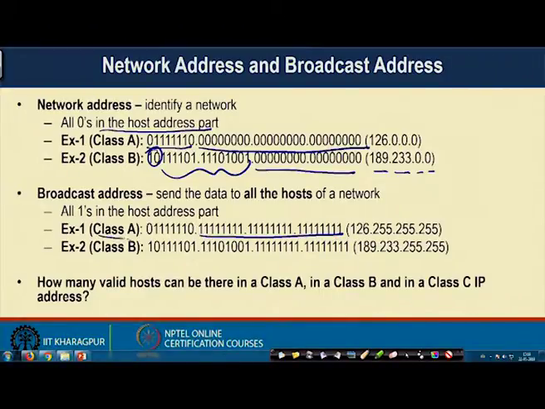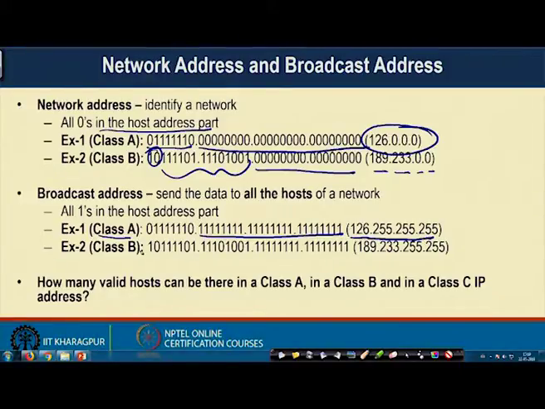In case of a class A broadcast address, it corresponds to the network address 126.0.0.0, with all ones in the host address part, that means 126.255.255.255 is the broadcast address.